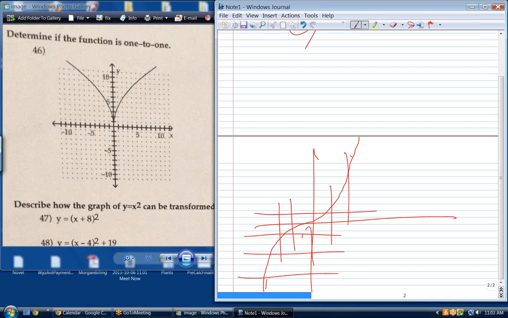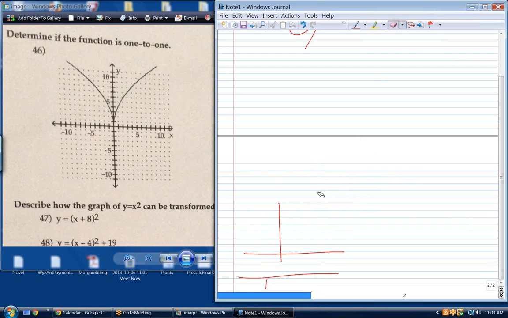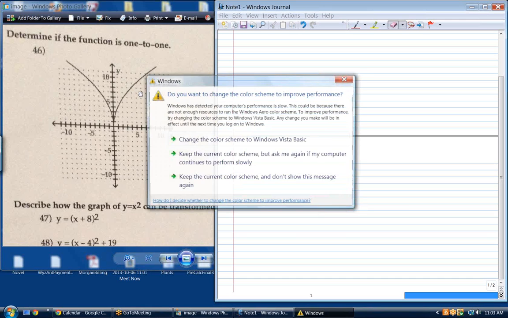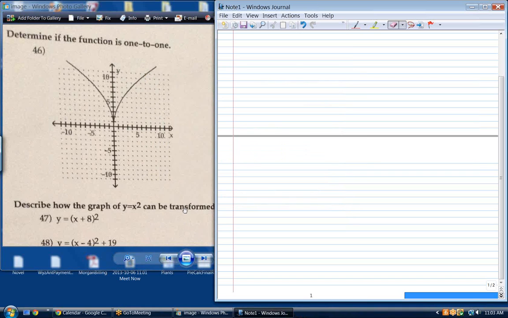No matter where I draw a horizontal line, I only encounter the function once. And only one-to-one functions have an inverse. That's the importance of a one-to-one function. Well, only for one-to-one functions are the inverses functions. Let me put it that way.